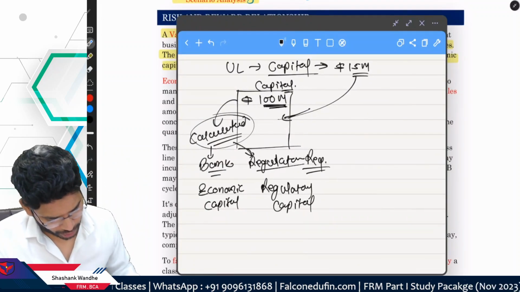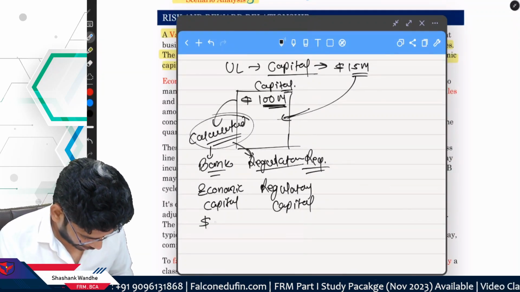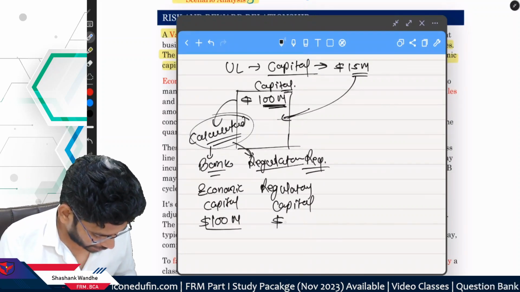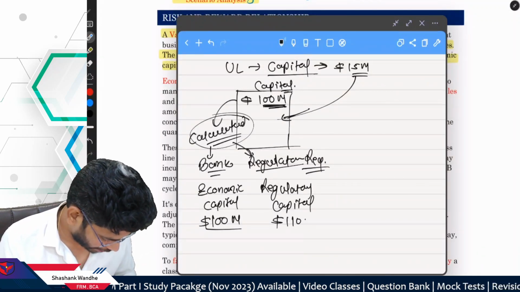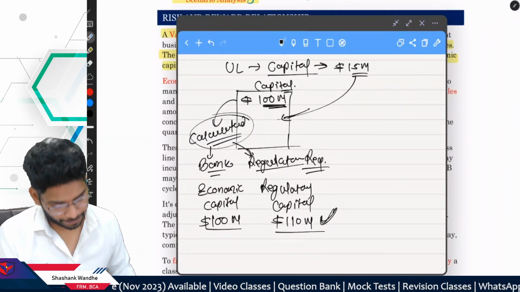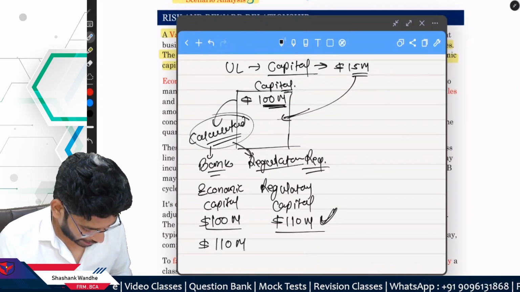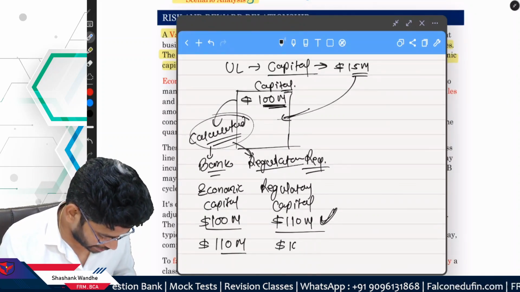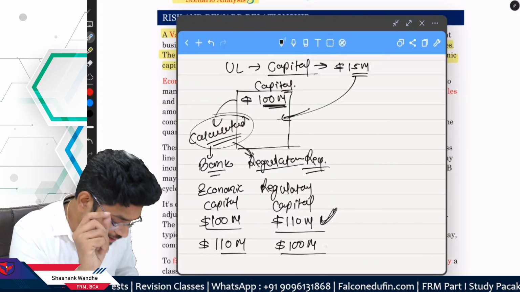Let's imagine, as per your own bank's calculation, you think $100 million is sufficient for your bank. But as per the regulator's requirement, say it is 110 million. Then how much capital do you need to maintain? This much, 110 million. On the other hand, if economic capital is 110 million as per your calculation and the regulator says you have to maintain 100 million, now this is your minimum.